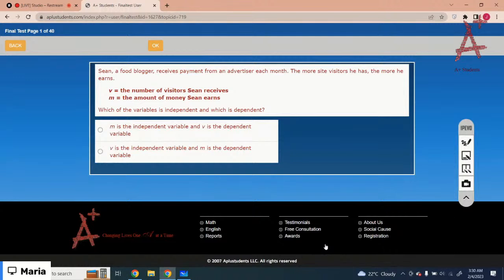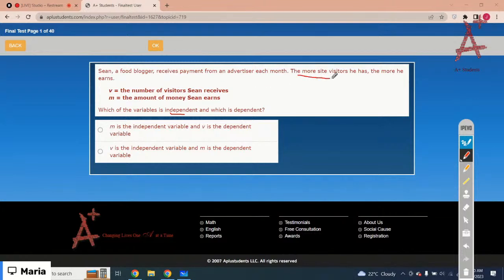V equals the number of visitors Sen receives, and M equals the amount of money Sen earns. So you have to look at which of the variables is independent and which is dependent. Got it? So here you have the more site visitors he has, the more he earns. That means the site visitors are independent.